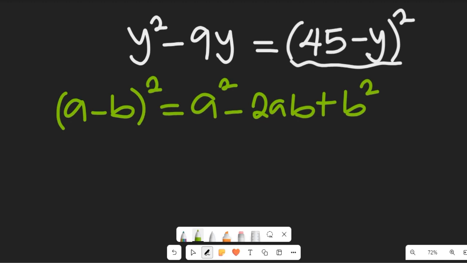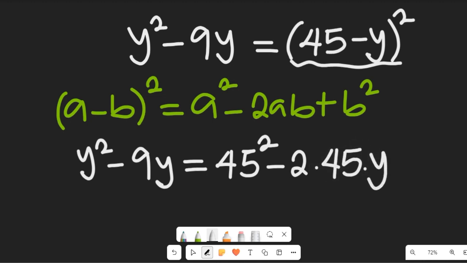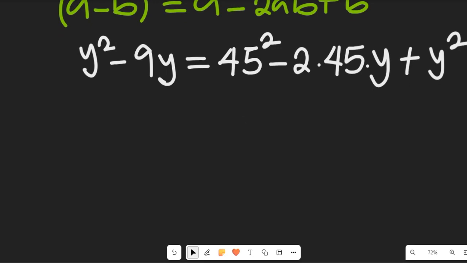So if we do that, y squared minus 9y will be equal to, with 45 as a, 45 squared minus 2 multiplied by 45 multiplied by y, plus y squared. Great. Now let's simplify this.